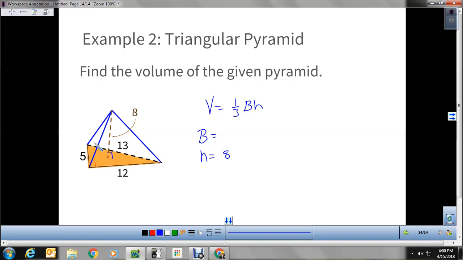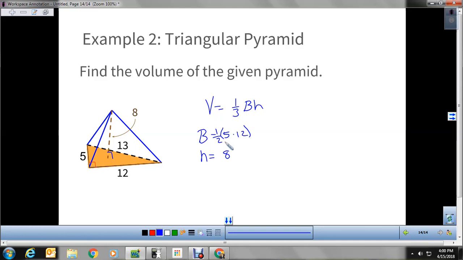In the area of the base, we have a right triangle, which means the 2 legs of our right triangle, not the hypotenuse, if you're looking down on top of it. We've got 5, 12, and 13. 5 and 12 are our 2 legs, so we multiply those together. So 5 times 12. And then once we get this number, we are going to take half of it, because the area of the base is 1/2 base times height.